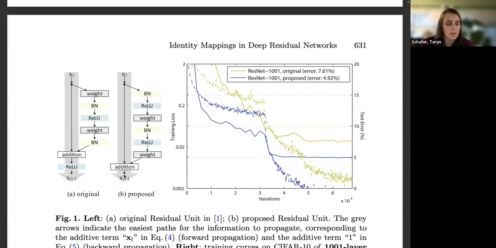That's what I remembered them saying, that having it in this order, addition then ReLU, was most of the time not changing. So the difference between addition and ReLU would most of the time be 0. And by restructuring it in this way, there's more diversity happening, I suppose.